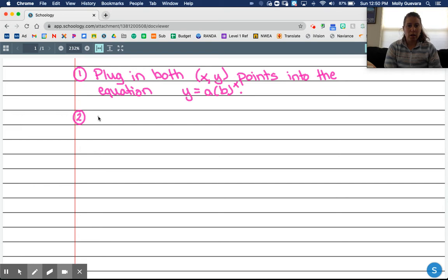Okay, what we're going to do is stack the equations, aka division. And then we're going to simplify the fractions. So again, we'll go through what all of these steps mean.